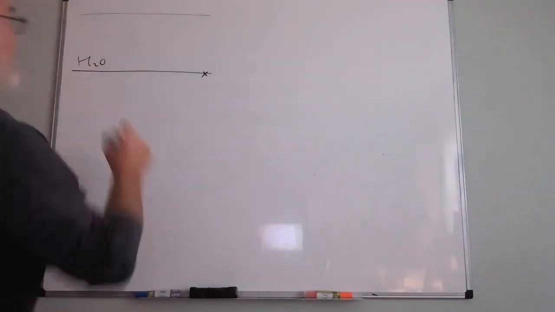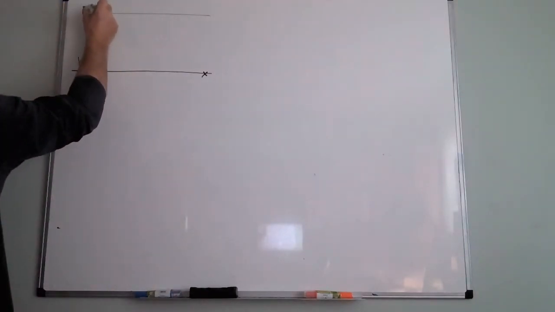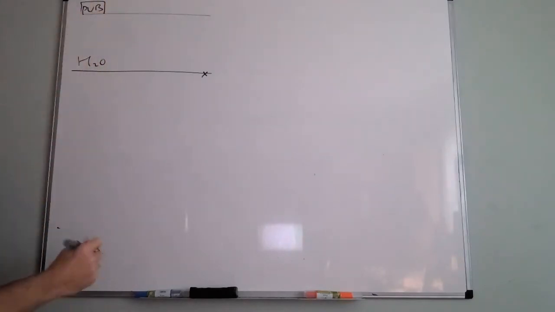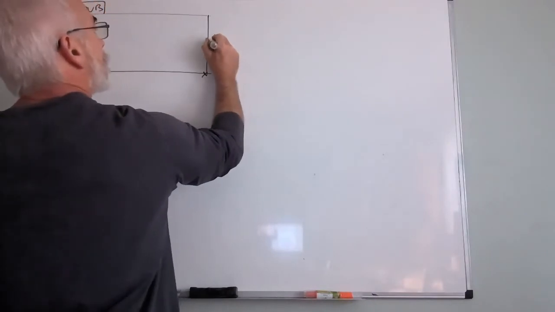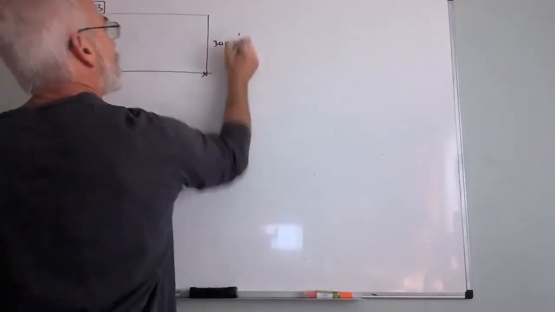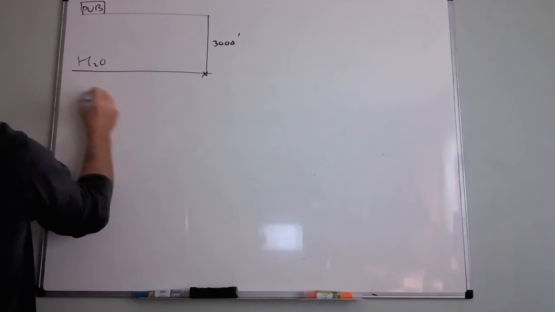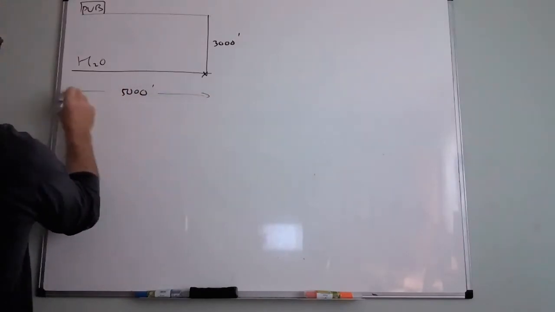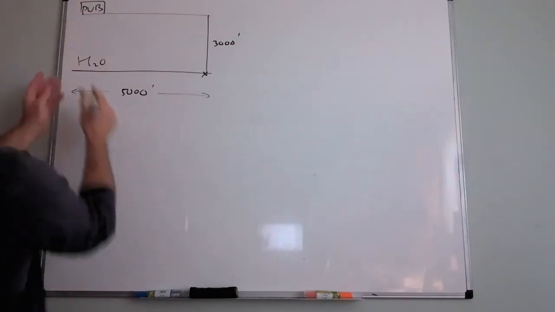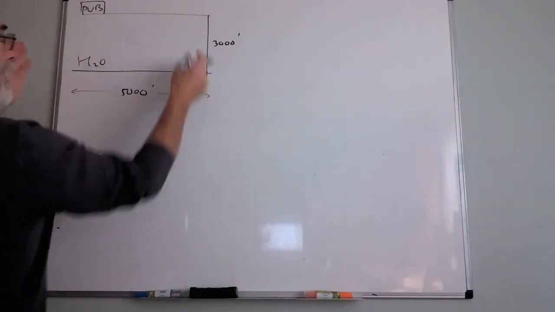I don't know. And on the other side of the body of water, there's a pub. Okay. If I go straight across, that's 3,000 feet across. If I'm going this direction, it's 5,000 feet. Think of this like a box, like a right angle, okay?